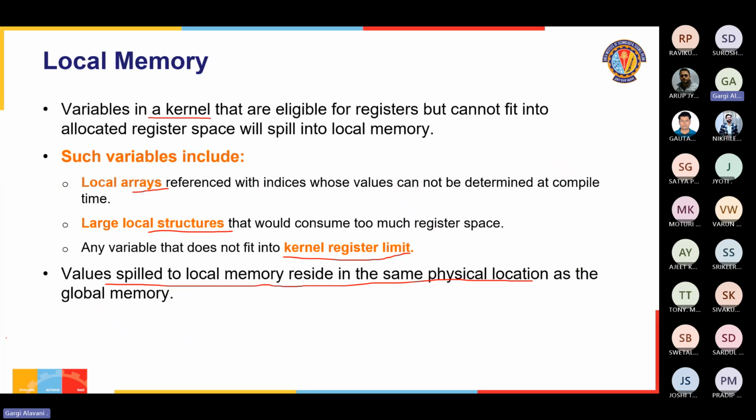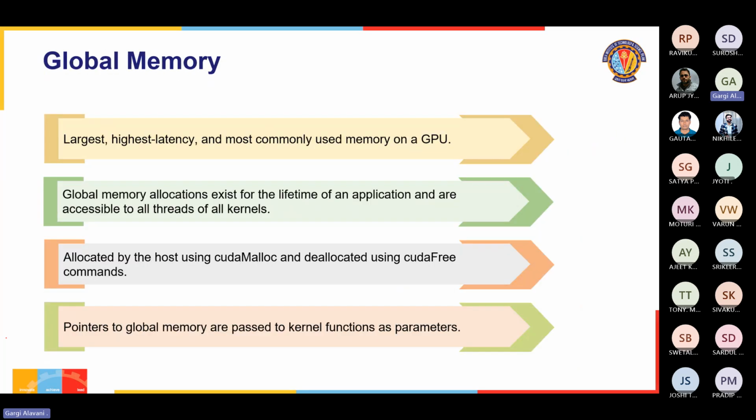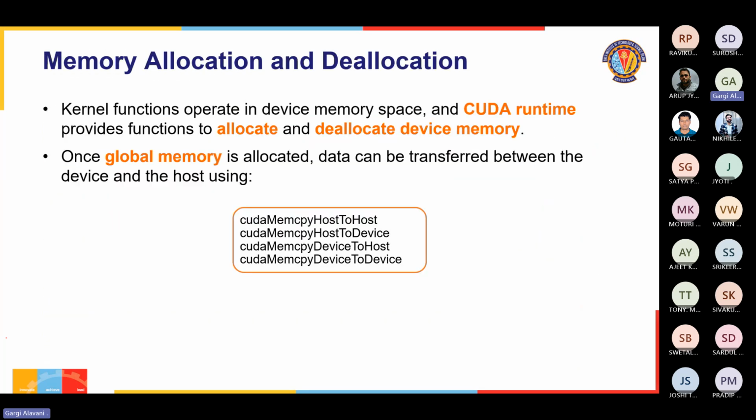Register and local memory will get utilized on their own, and we may not go to the minute detail of how registers are allocated or how local memory is used. What we might be concerned with is whether we are using global memory, whether we want to use shared memory, and how we optimize it.